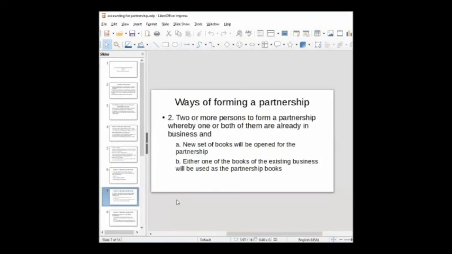So there will be an agreement between the two on the new set of books to be opened, or either one of the existing books of the business will be used as the partnership books. So take note that in the accounting, there will be adjustments on the valuation.